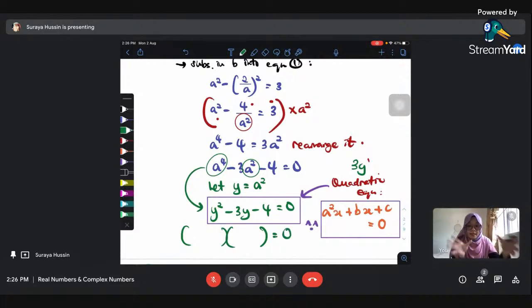Factorize it happily using a calculator, or cara saya tak guna calculator, but I use my mind. 1 times 4 is 4. y times y is y squared. And then magic. Minus plus. Itu cara saya. Okay. If you want to know how, you should discover more.